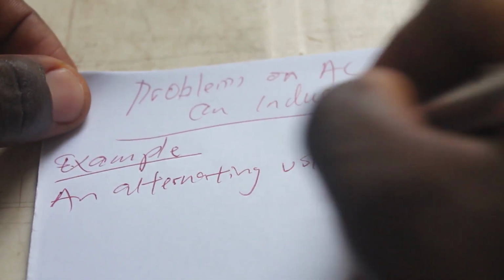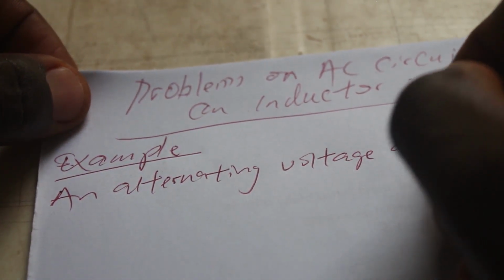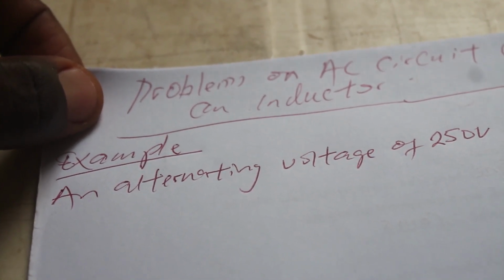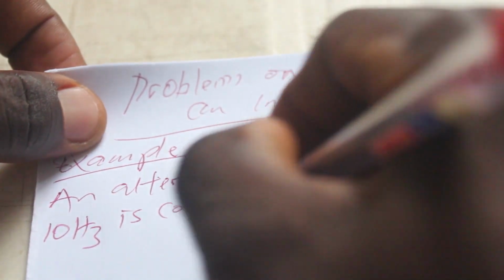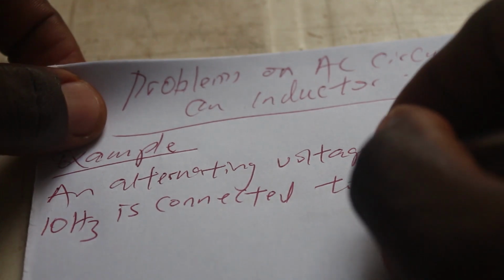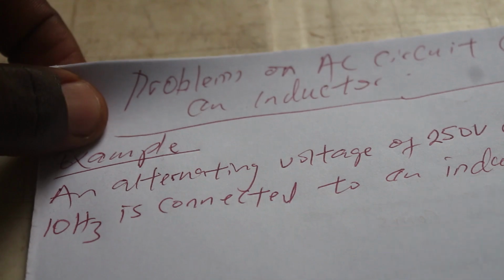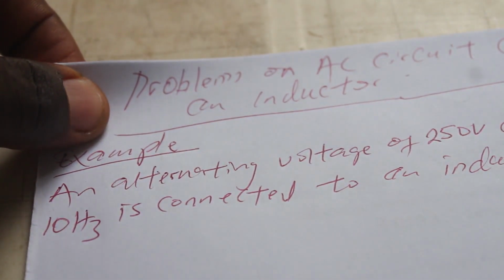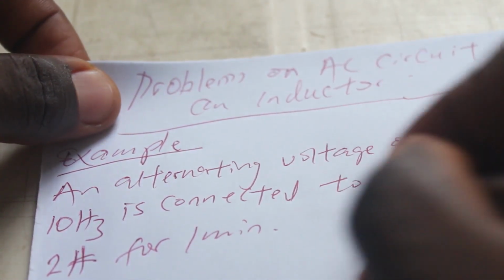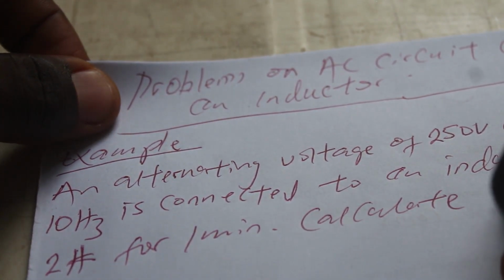An alternating voltage of 250 volts and frequency of 10 Hertz is connected to an inductor of inductance 2 Henries for 1 minute. Calculate 1.